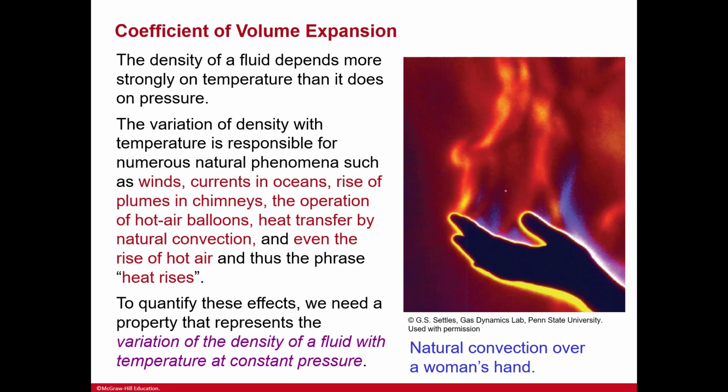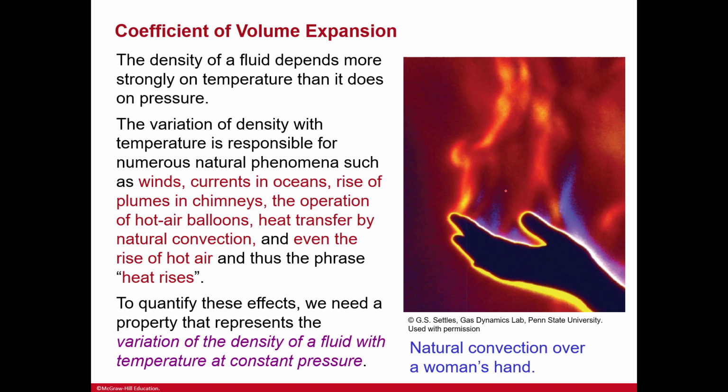So you also have a coefficient of volume expansion. We had the compressibility factor, now you have the coefficient of volume expansion. The density of a fluid depends more strongly on temperature than it does on pressure. That means it is influenced more by temperature changes than by pressure changes.